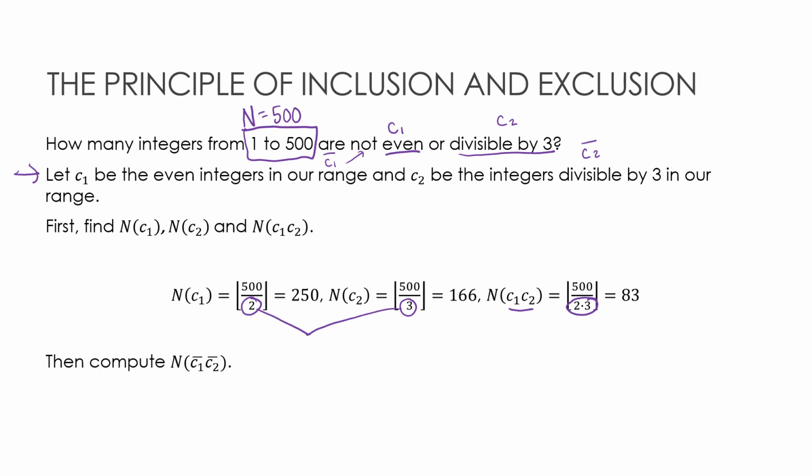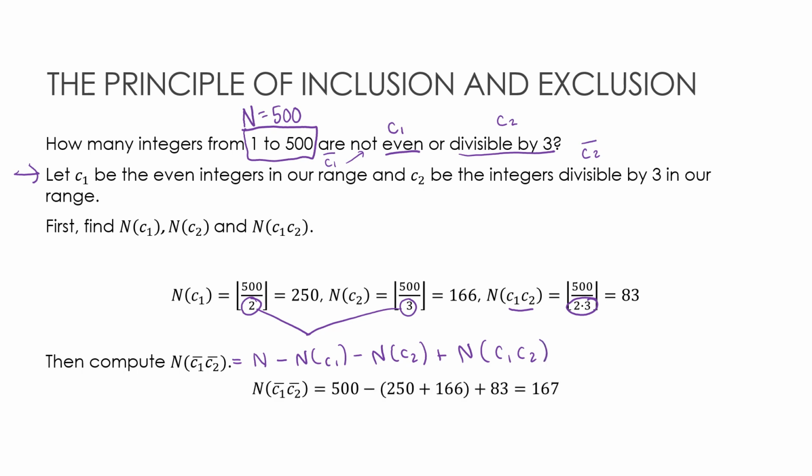Now, to compute not C1, not C2, so the number that's not in either of those sets, remember my formula for this is n, subtracting C1, subtracting C2, adding C1, C2.